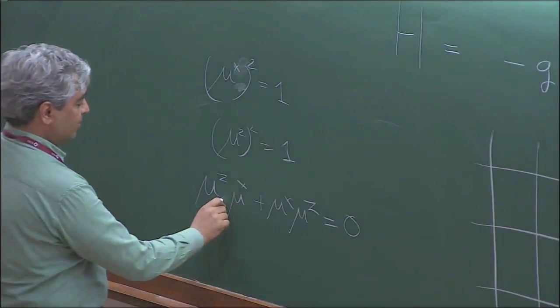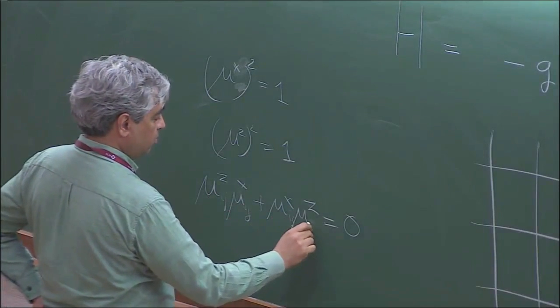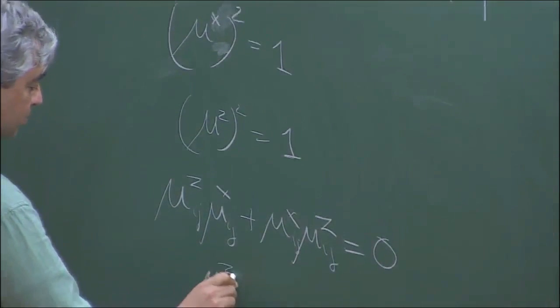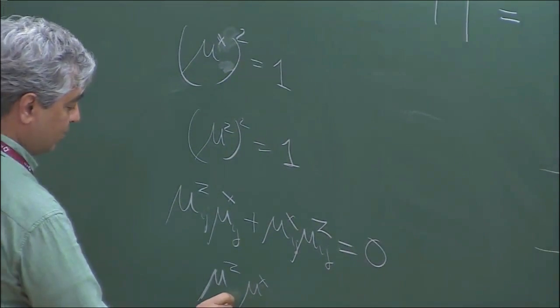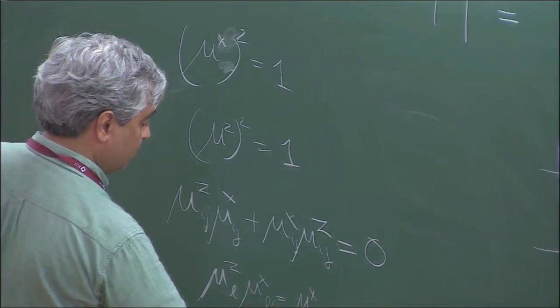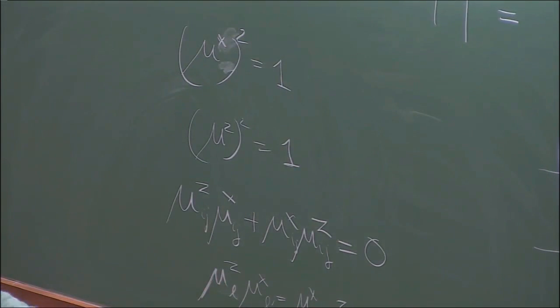This is on the same link. And if they're different links, then they commute. So mu z on link L and mu x on link L prime commute, and they anti-commute on the same link.